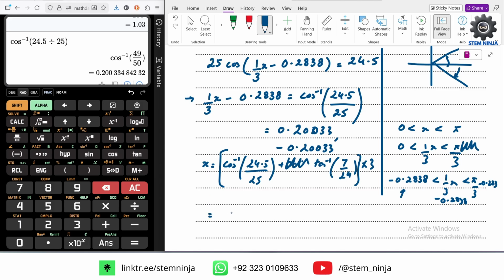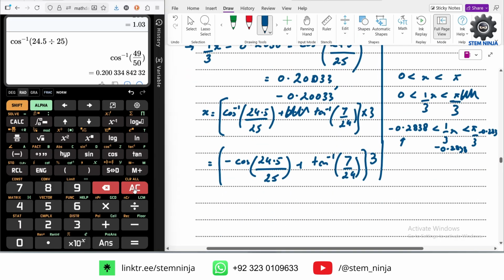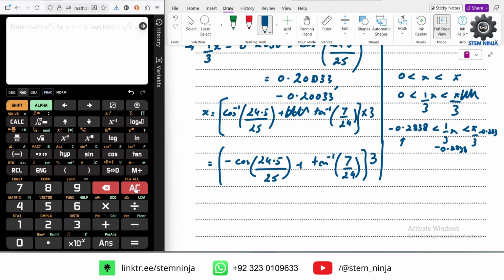And the other answer is minus cos inverse of 24.5 over 25 plus tan inverse of 7 over 24, times by 3. Okay, so we need two values. So this way it will be easier to edit out in the calculator.